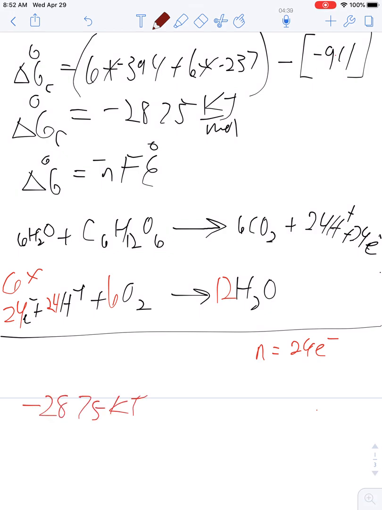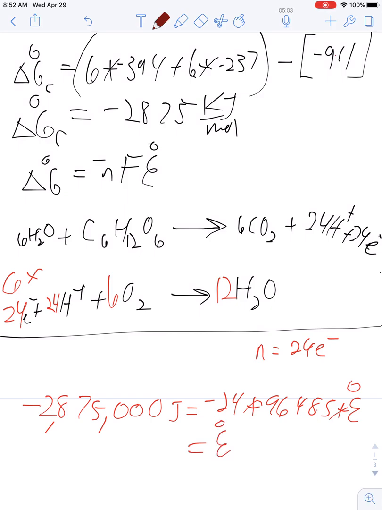Now this is in kilojoules, so we got to convert it to joules. Okay. It's all about units, as I always say.